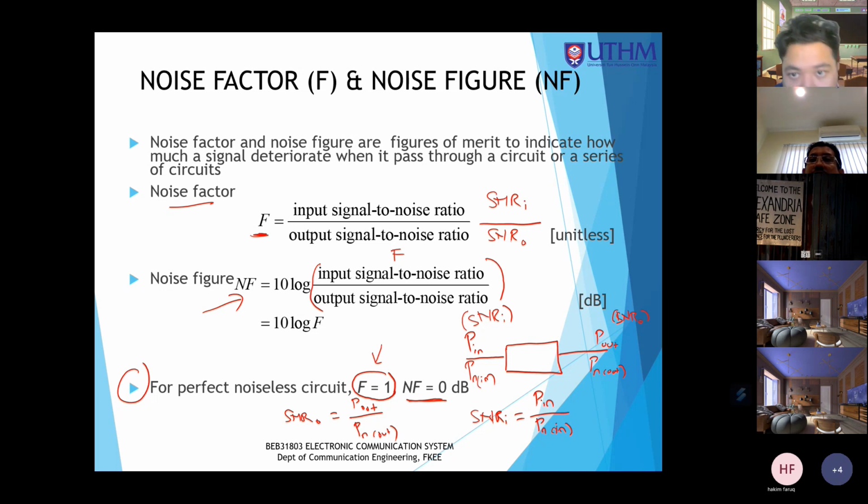So therefore, in the real world scenario, F equal to 1 is, I can say, an impossible value to achieve in the practical system in the real world. So therefore, we want the noise factor to be as minimum as possible towards 1. Okay, dia menuju nilai 1. Okay, so kalau F equal to 1, that means the noise figure 10 log 1. So 10 log 1, you're going to get 0 dB.